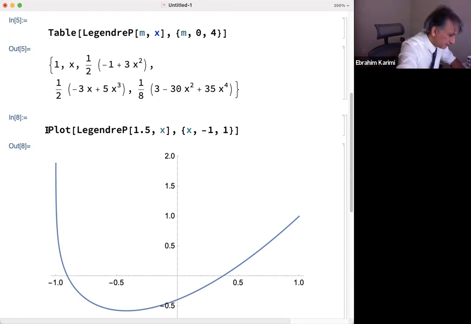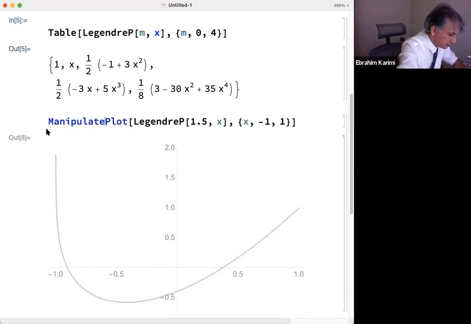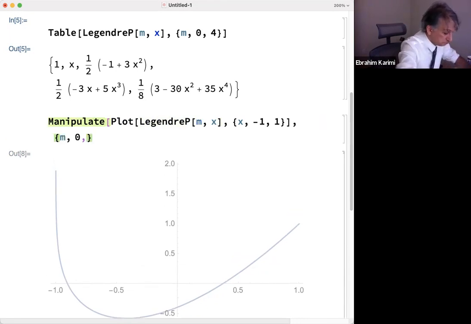Let's do some fun things. Manipulate. I'm changing m, and let's say change m from 0 to 10 with a step of 0.2.